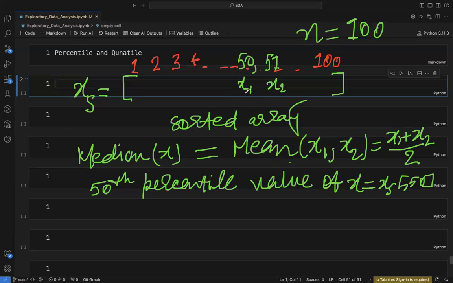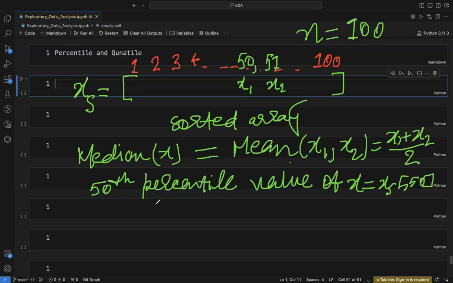The value at the 50th position is called the 50th percentile value of X. Because I have assumed that this is an array and these are the indices of the array, the value could be anything depending upon what this array is. That is the 50th percentile value, and we know the 50th percentile value is nothing but your median.